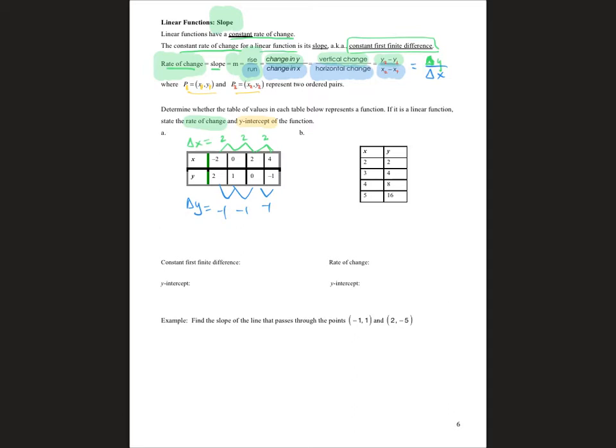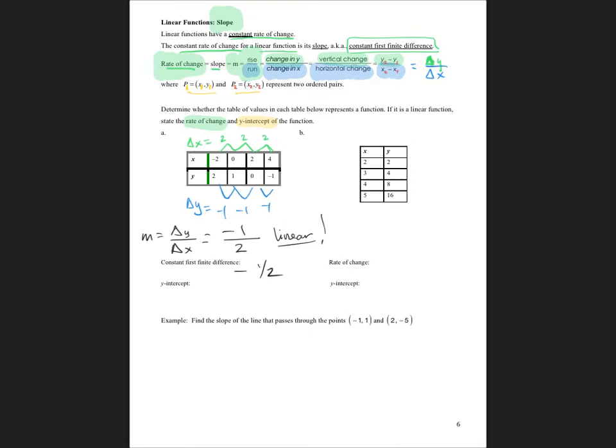So if I wanted to represent my slope, it is my change in y over my change in x. Change in y was negative 1. Change in x was 2. So the slope is negative 1/2. It is linear. And that is looking at a constant first finite difference. Constant first finite difference is negative 1/2.